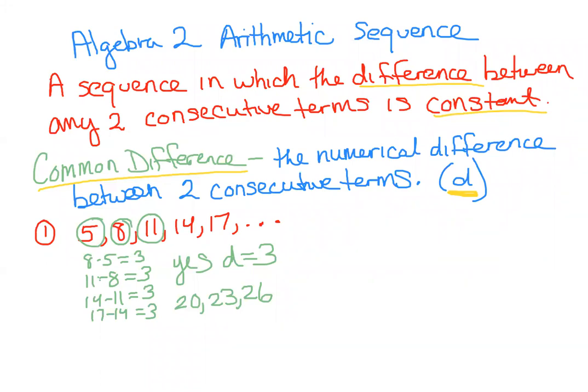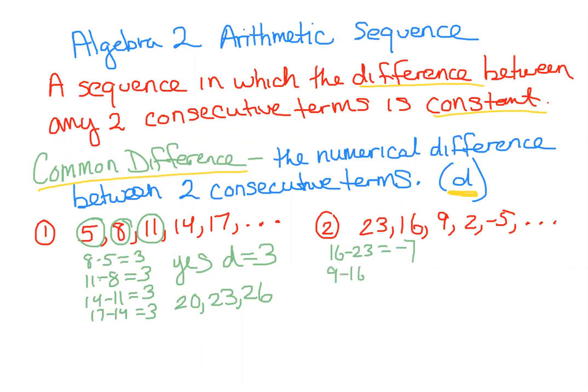Okay, let's look at number 2. Is this arithmetic? 23, 16, 9, 2, negative 5. Well, let's see. 16 minus 23 is negative 7. 9 minus 16 is negative 7. 2 minus 9 is negative 7.